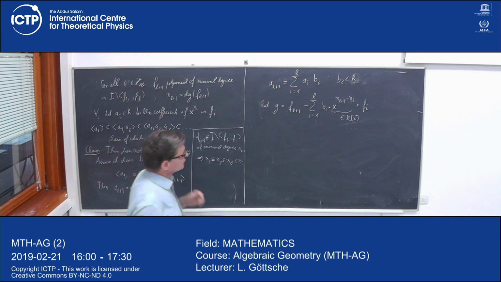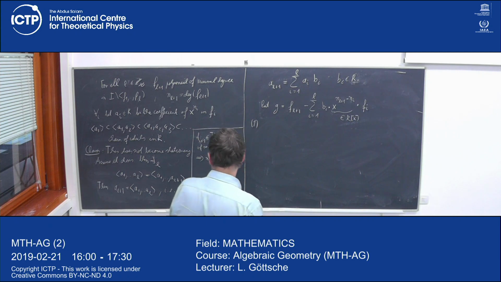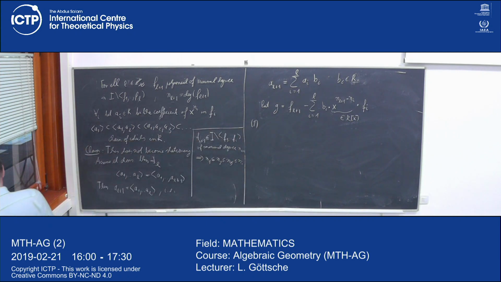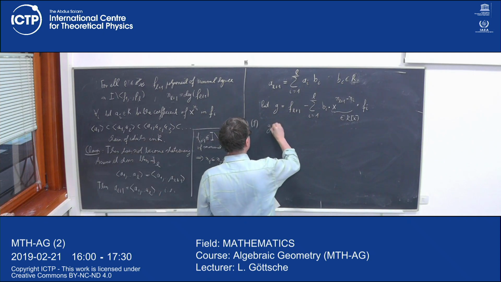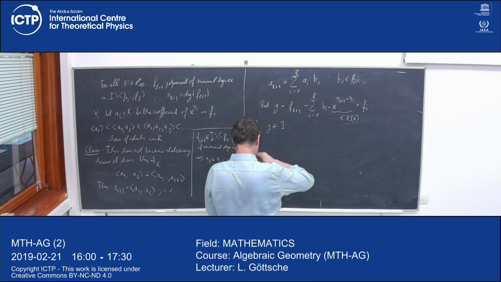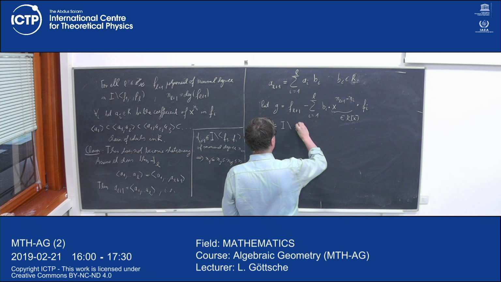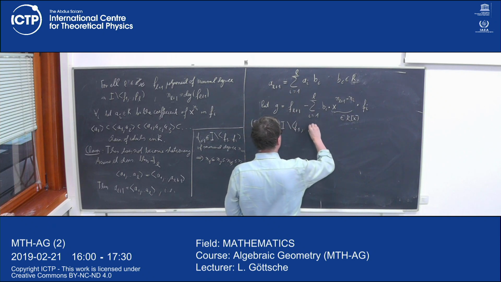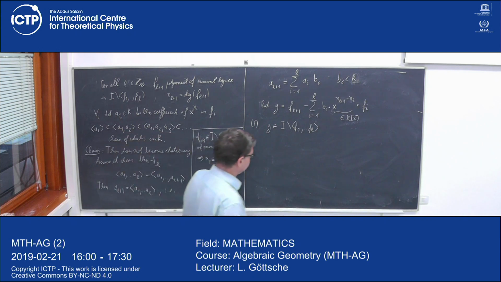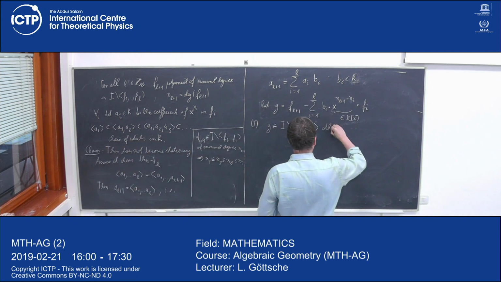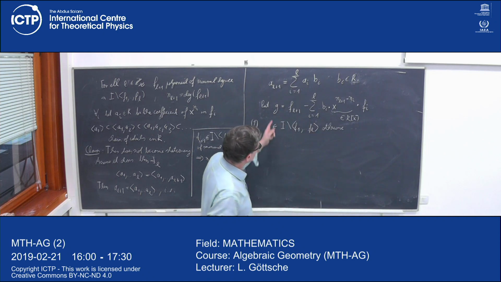So we first see that G is an element in I minus the ideal generated by F1 until Fl. Because if not, we can bring it on the other side.